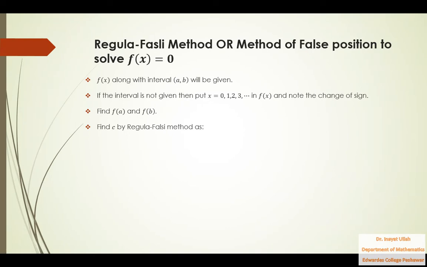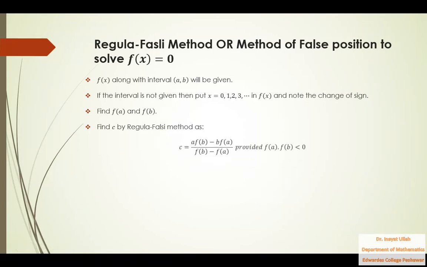Remember that the formula for c in the bisection method, in the secant method, and now in the regula falsi method, these three are different from each other.